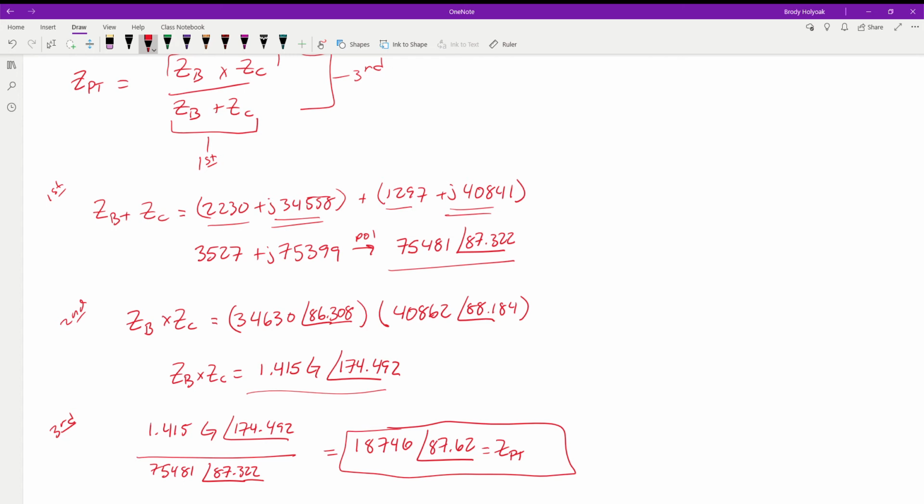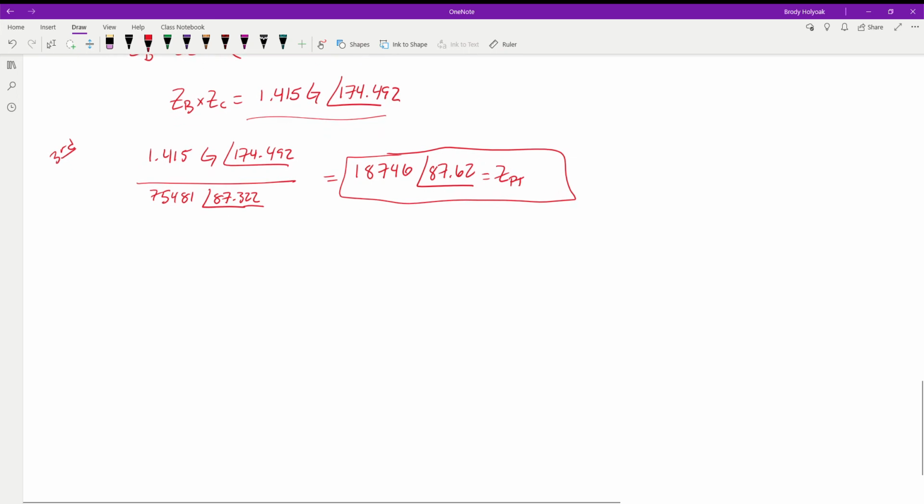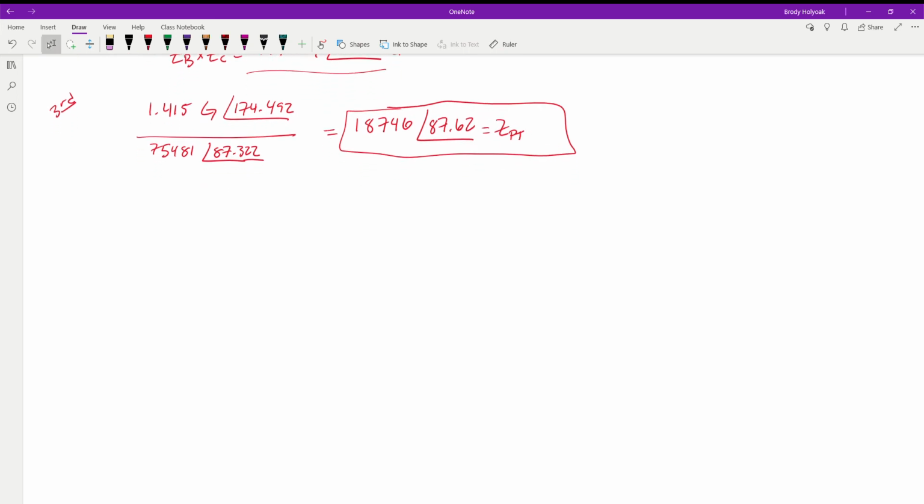But like I said, less conversions, less errors, or less times for mistakes. I know that's kind of one of the biggest things is converting back and forth between polar and rectangular. Feel free to use whichever method you would like, does not matter. Like I said, it just kind of depends on your preference. So there we have our final impedance total for the parallel branch.